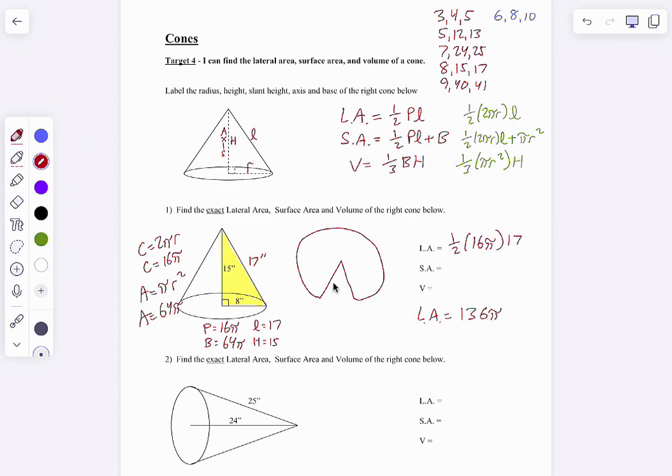And if you were to join these two sides, in other words, you're going to take this and this, which are the slant height, by the way, and match them up and bring them together, then that would point upwards and you would have the cone. And then this, which would now complete the circle, would be the perimeter of the base or the circumference. So that's what a cone looks like unfolded.